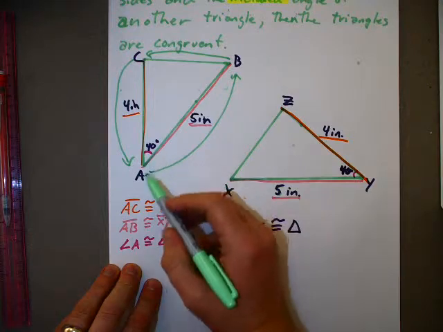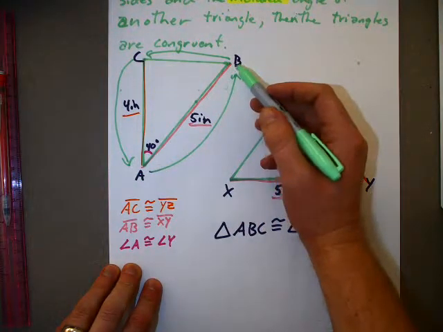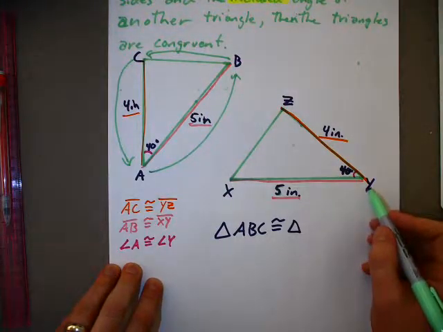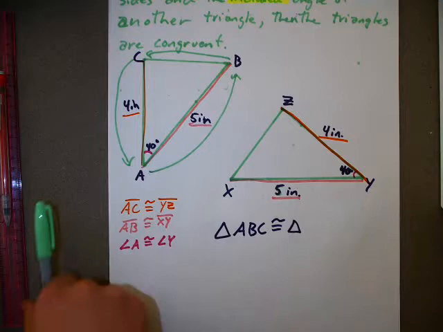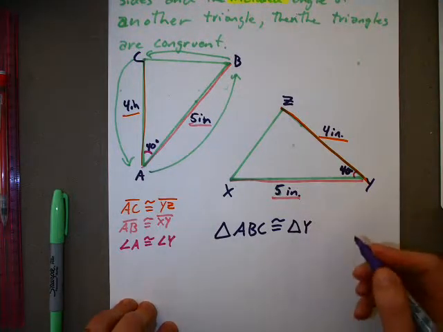If we didn't have that, we would have to go with whatever's in between, or the end point of the segment that is 5 inches. So we're going to go right here, we're at Y, so I know that angle Y is going to be what starts us off.